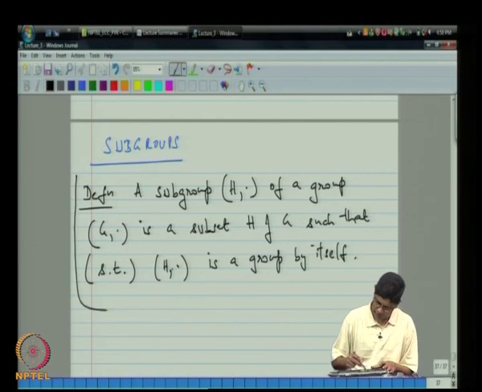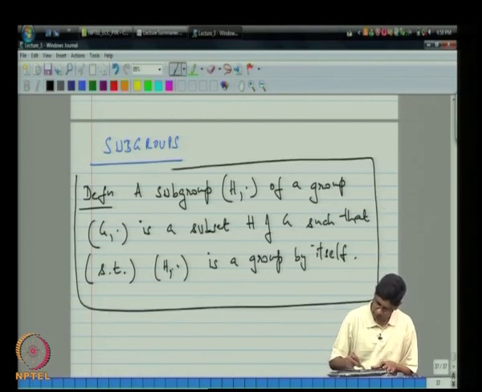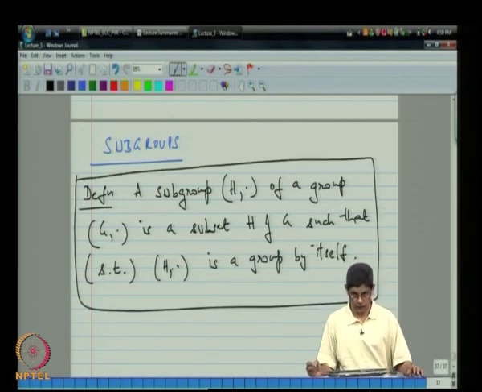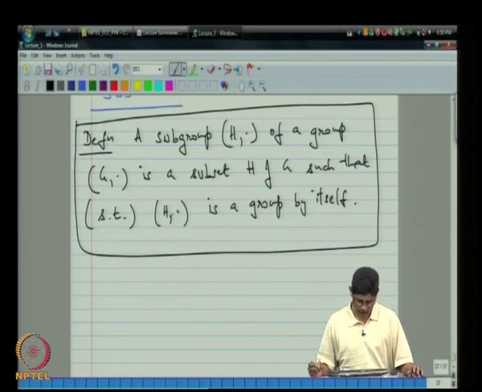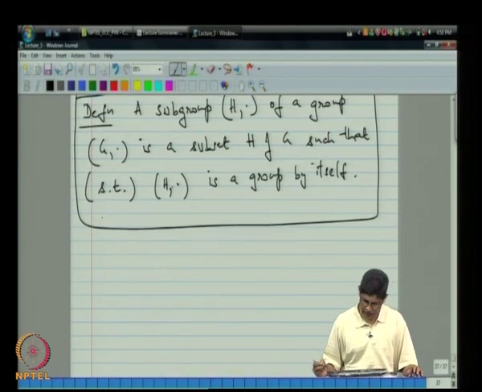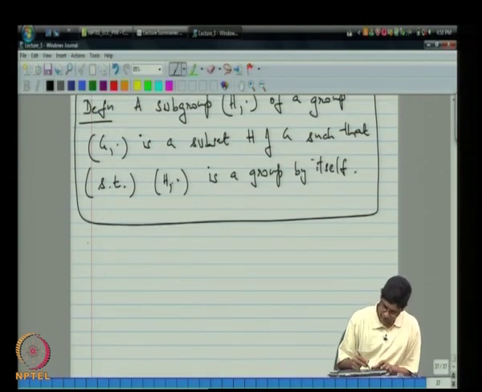Okay. So, that is the definition of a subgroup, and let us look at some examples.